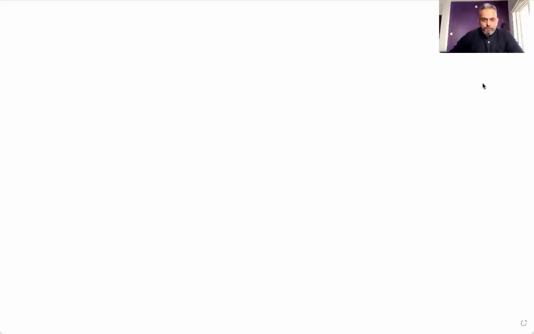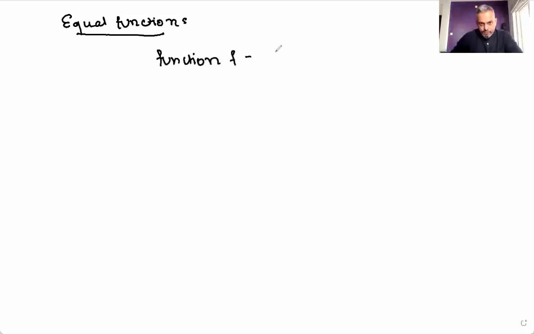Okay. Now we are going to see today in types of functions, equal functions. Now, as the name suggests, equal function, it means there are two functions. Let's say, for example, function f is equal to function g, small g.